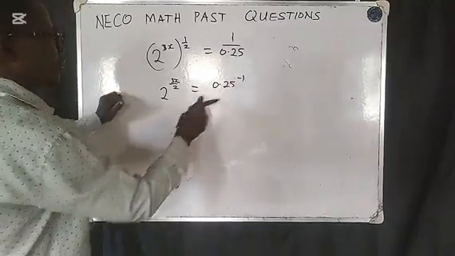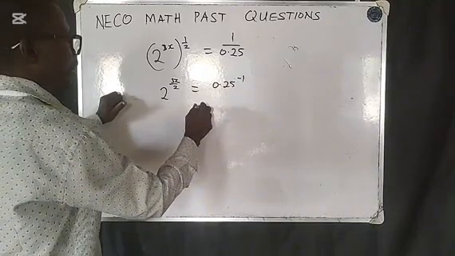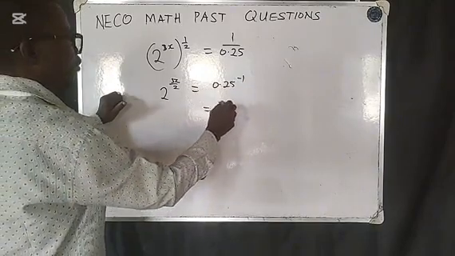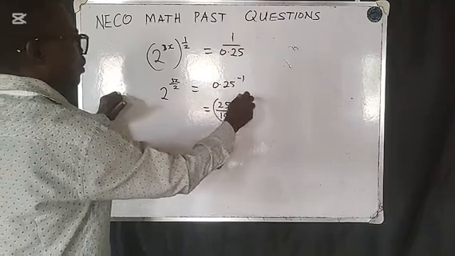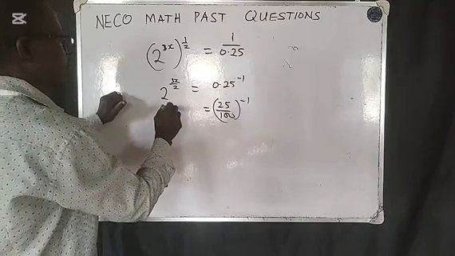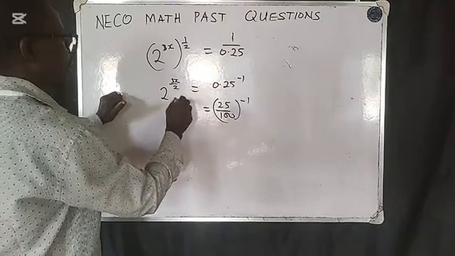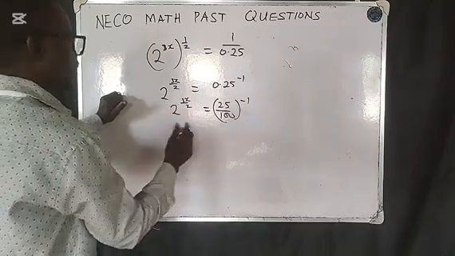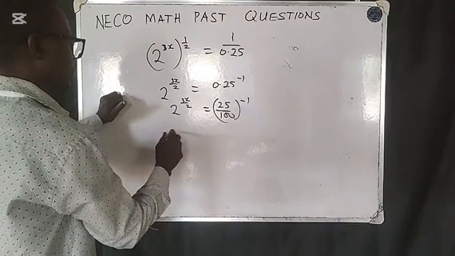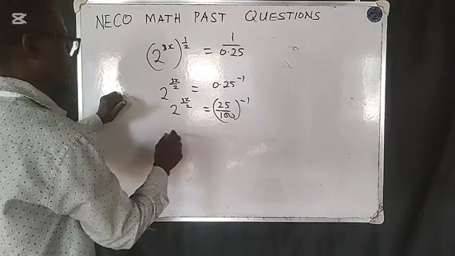So what do we do here now? We can change this one to a fraction, and it will give us 25 over 100, all raised to negative 1. Then this one will give us 2 raised to the power 3x over 2. When you reduce this number to lowest terms, you're going to have 1 over 4, right?